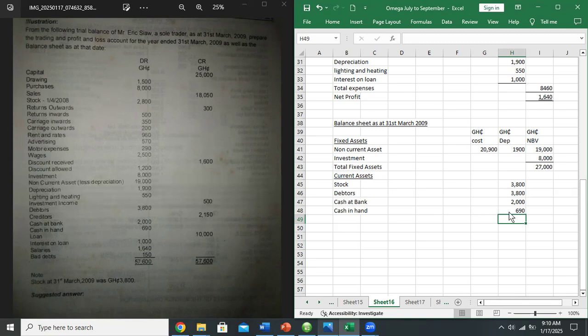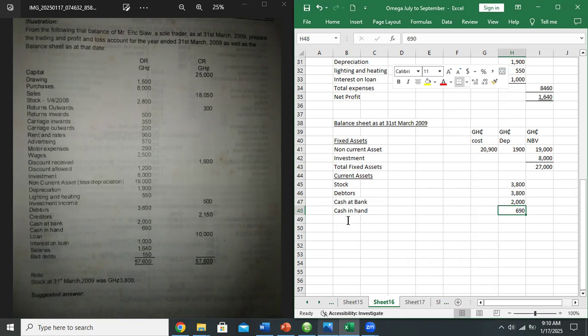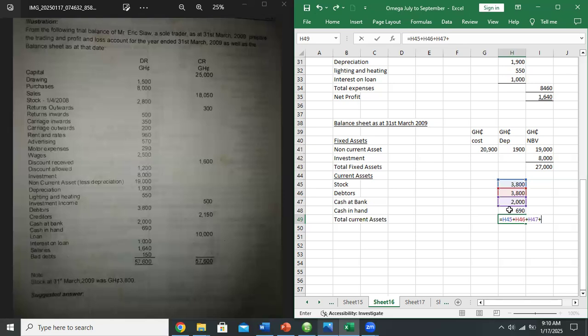So we sum it up to get our total current assets. And after that, we move on to the current liabilities, so we less the current liabilities.